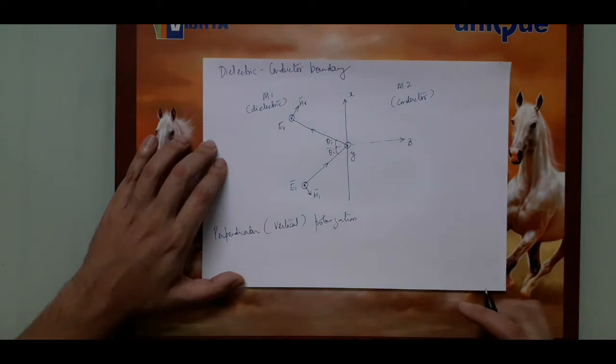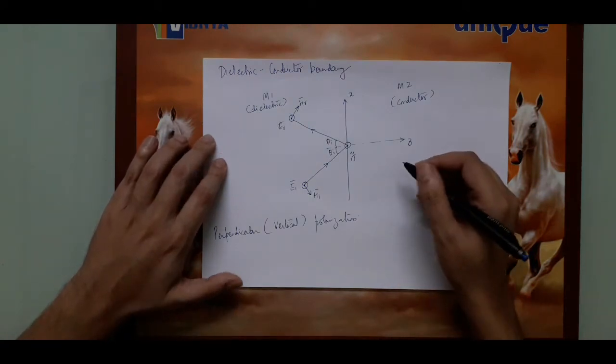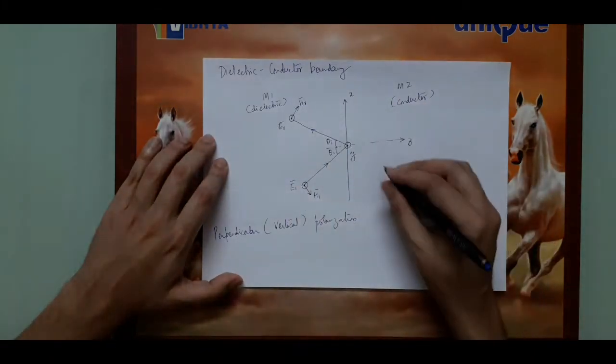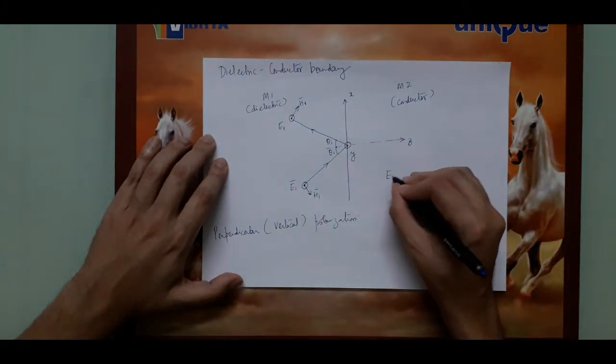Using direction cosines, we can write the expressions for the incident and reflected electric fields.